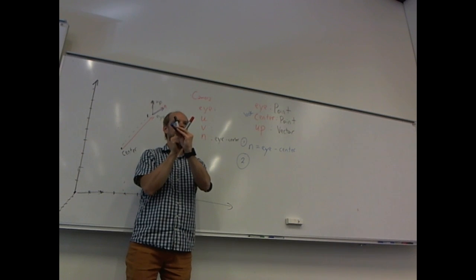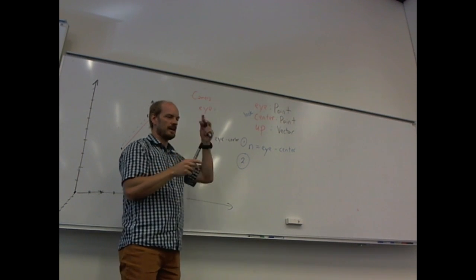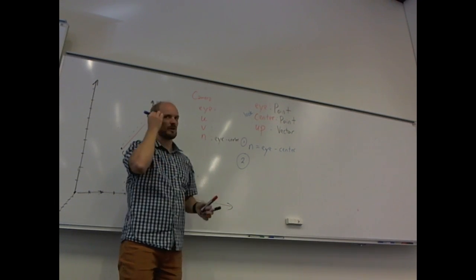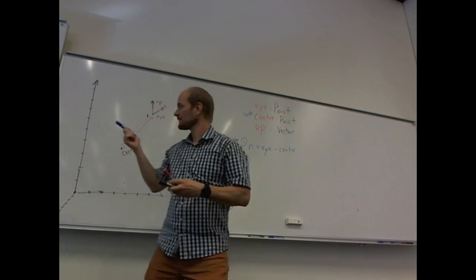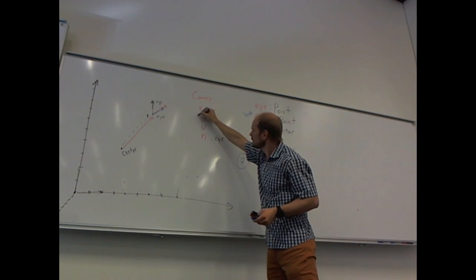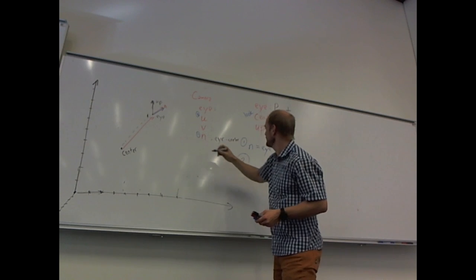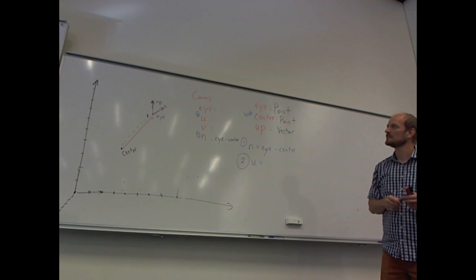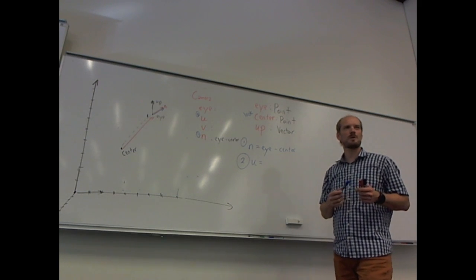Yeah, so they'd give me a vector that's perpendicular to directly backwards and general purpose up, which would be out of the right side of my head. So step 2 would be the u vector. This is step 2, this is step 1. And what would the u vector be then? Does it matter if it's up cross n or n cross up?